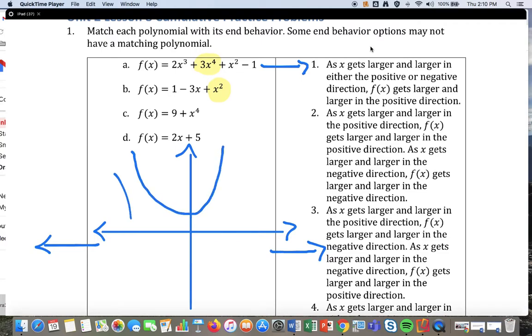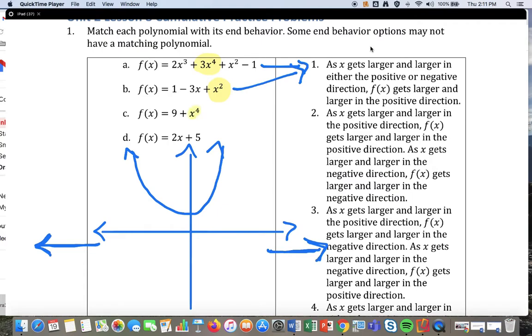Because that leading coefficient is positive, and because it has an even degree, it's going to get larger and larger as x goes very, very large negatively, and as x gets very, very large positively.